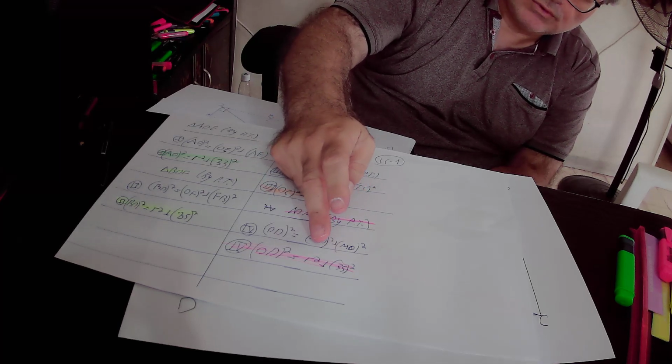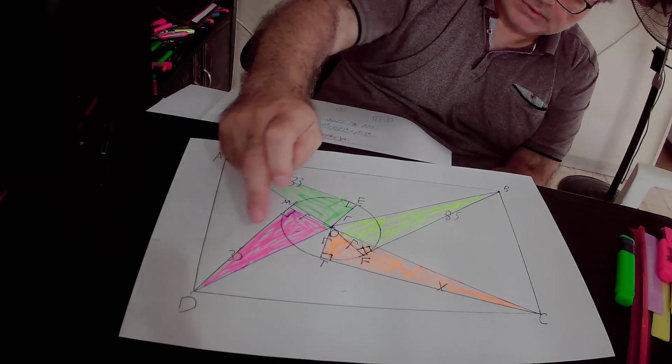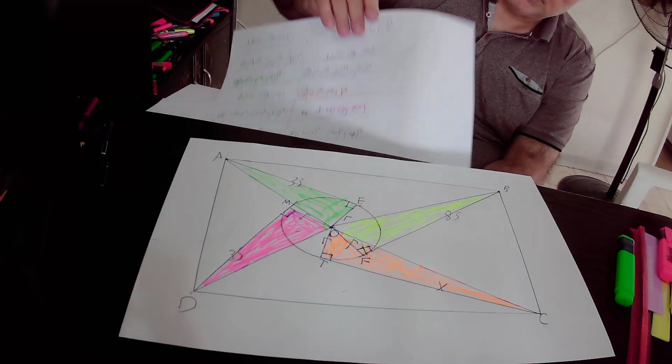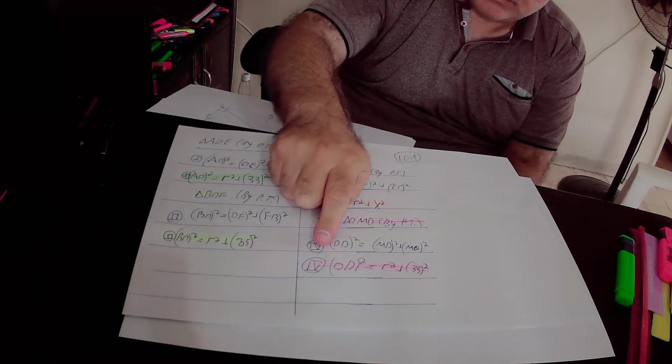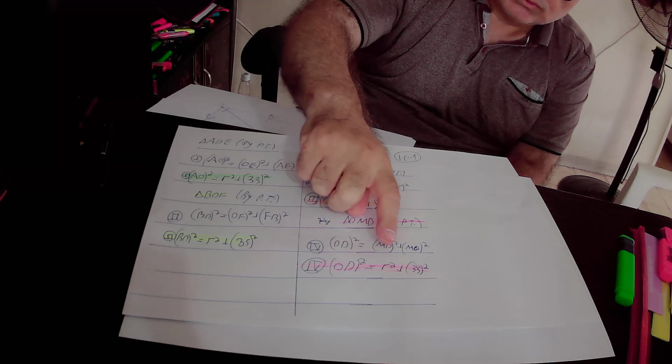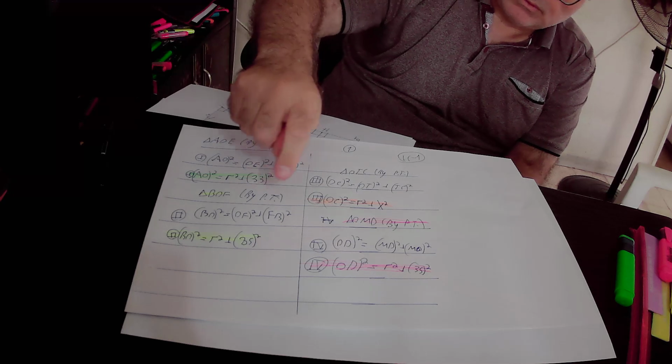OM is R, therefore OM square is R square. MD equals 33 units, therefore MD square is 33 square. So in conclusion, according to equation number 4, OD square equals R square plus 33 square.